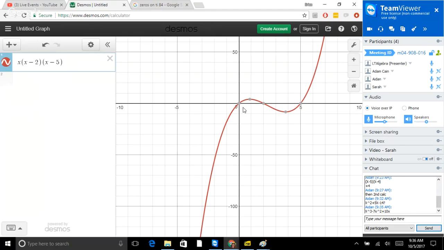Pretty little graph, right? We have our zeros at 0, 2, and 5. And again, there are other ways that you could do this, but I'm going for the simplest, even though I'm making it more complex.